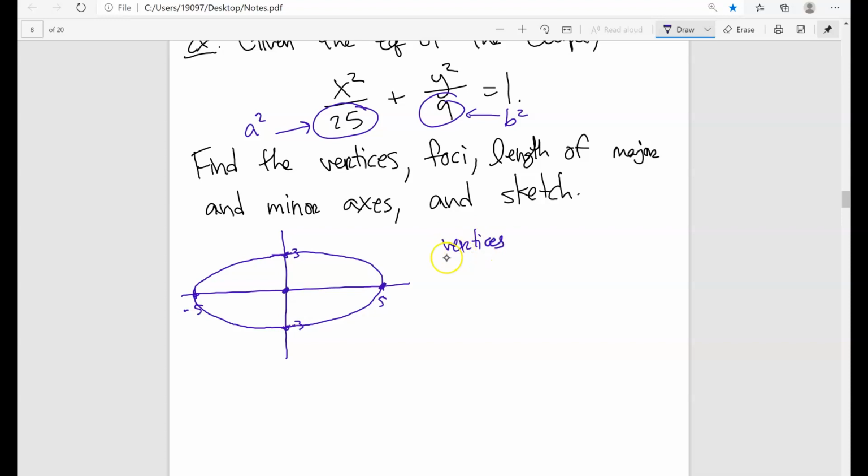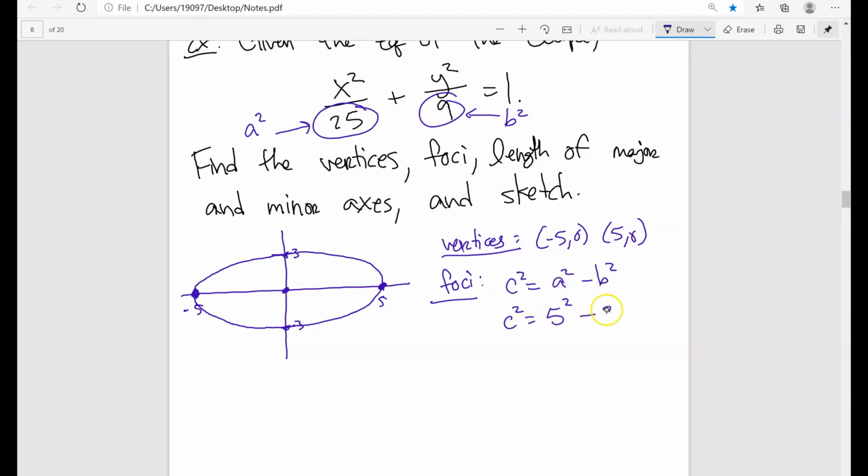Well, the vertices are just going to be the ones on the major axis. So this is the longest side. So it's just going to be negative 5, 0 and 5, 0. What about the foci? The foci: c squared equals a squared minus b squared. I don't know what c squared is. I know what a is, that's 5 squared.